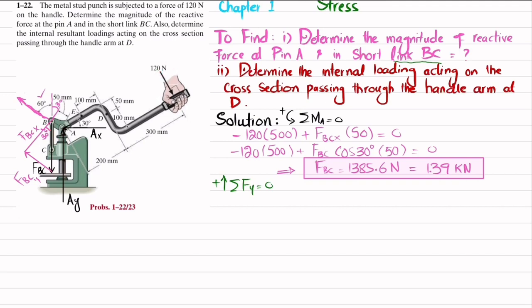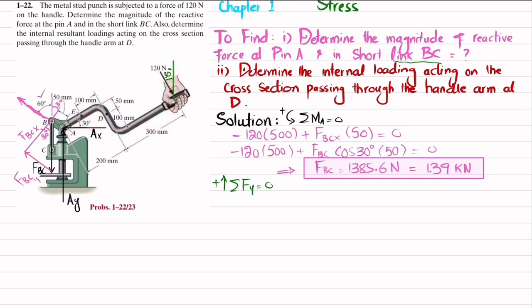So let me first define the vertical component. If I draw a vertical line over here, you can see this angle is 30 degrees. How? This line is perpendicular to this, and this vertical line is perpendicular to this line. So the angle between these two will also be 30 degrees.